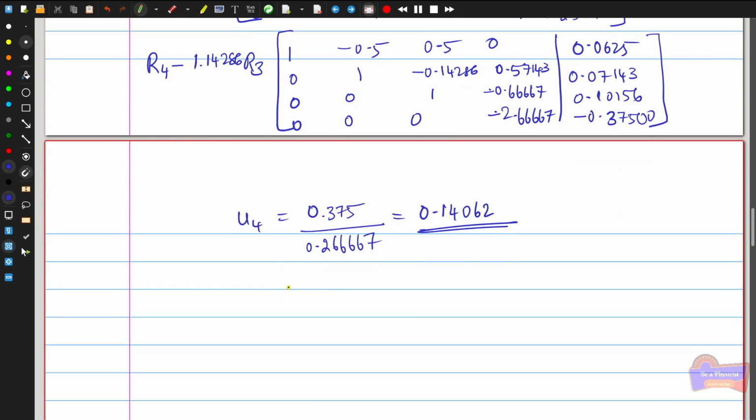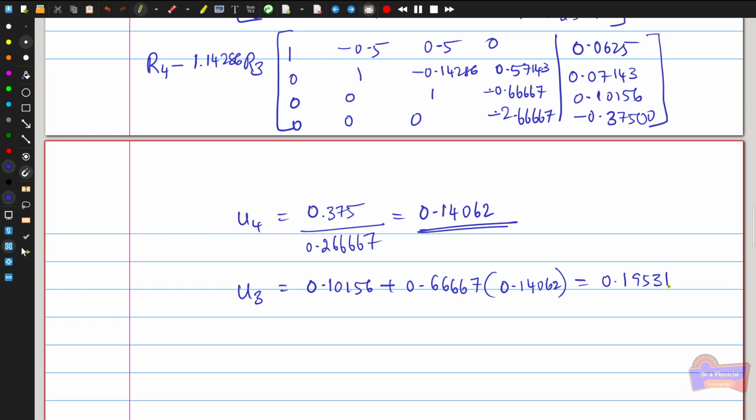If you substitute this U4 into the third equation, we get U3, which is equal to 0.10156 plus 0.66667 times 0.14062, which is equal to 0.19531. So this is the value of U3.